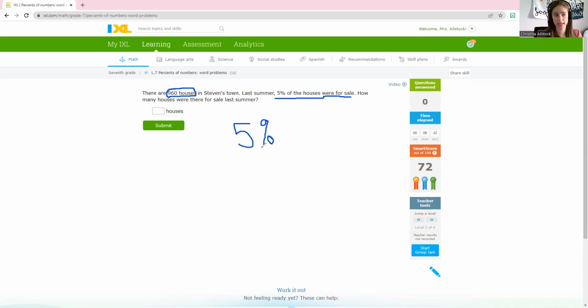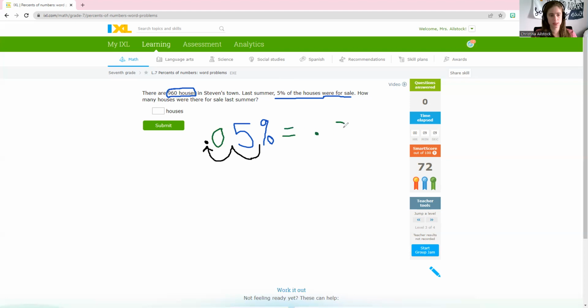And an easy way that I like to remember that is when you're out of per 100, the 100 has 2 zeros, so we're moving that decimal point 2 times. So it's going to still be moved 2 times. But in order for our decimal point to land right here, we need a little placeholder, which of course would be adding in a 0.